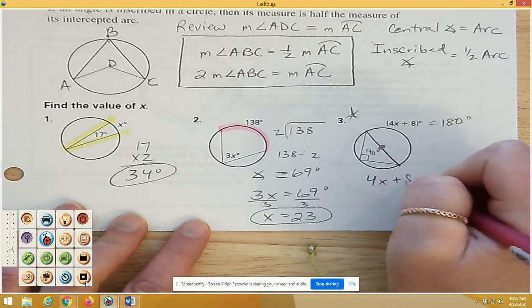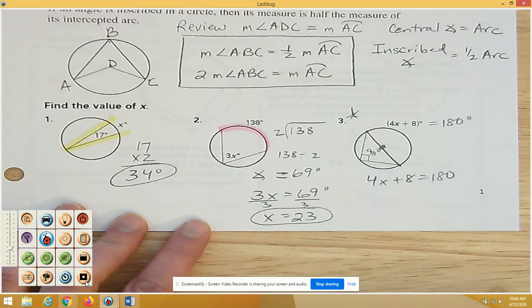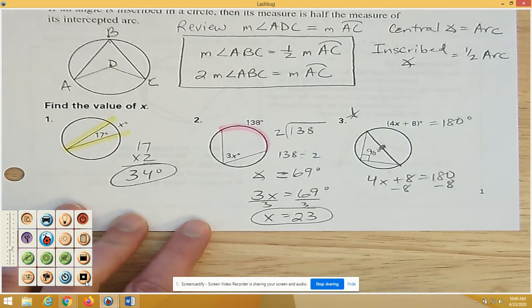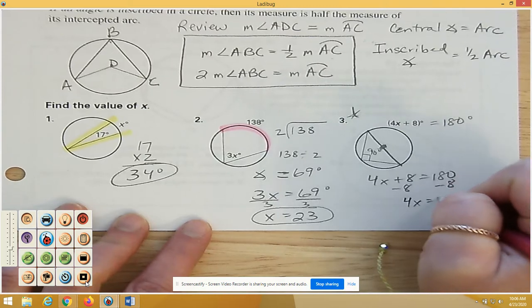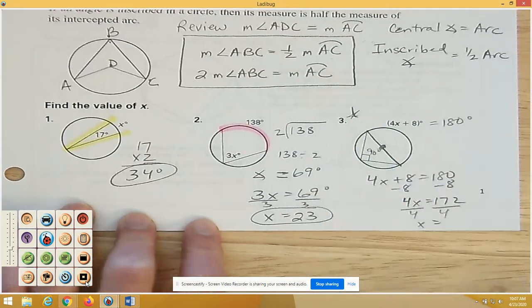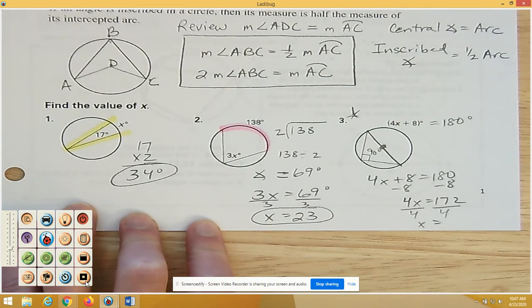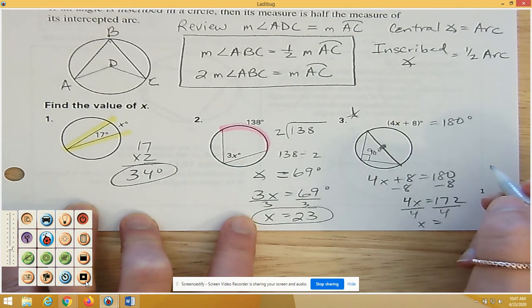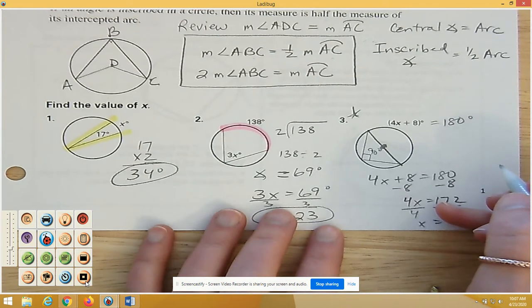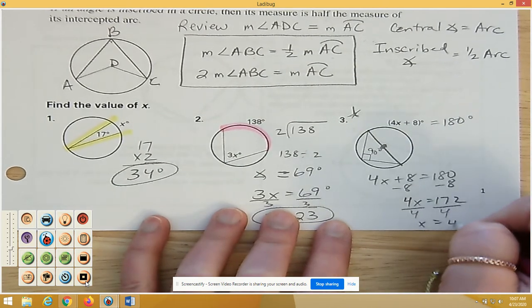So 4x plus 8 equals 180. And now it's a two-stepper, so we're just going to subtract 8 to solve. I get 4x equals 172, divide by 4, and I'm going to get... I made a mistake. No, I didn't. That's 180. So I divide here, and I get 43, I think.